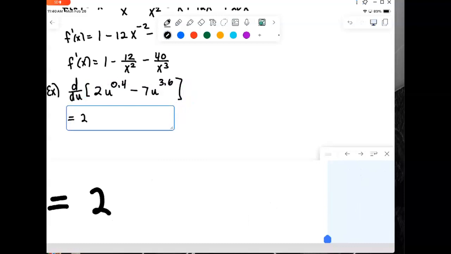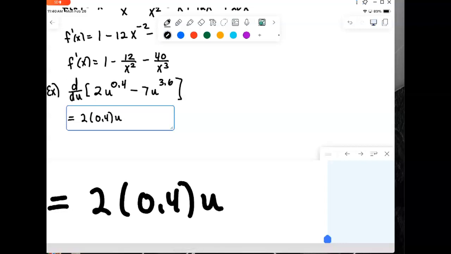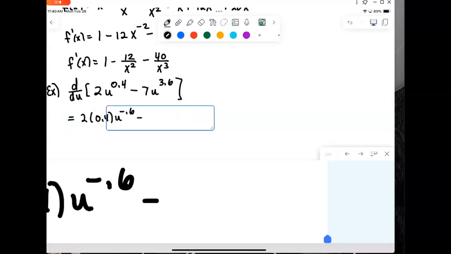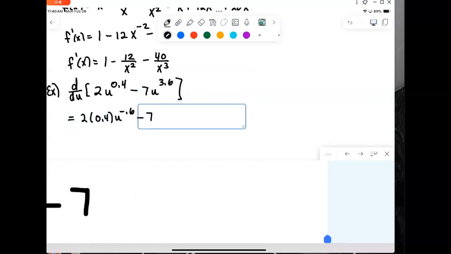We're going to multiply by that exponent with our power rule, and then decrease it by 1. 0.4 minus 1 would be a negative 0.6. Okay, we continue distributing. Minus 7. Bring the exponent down.